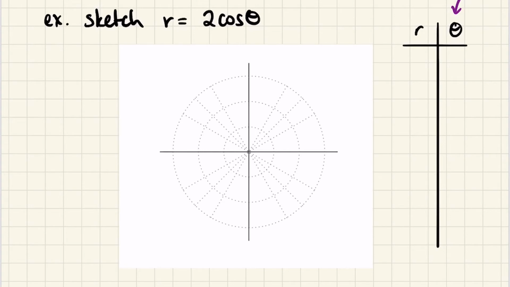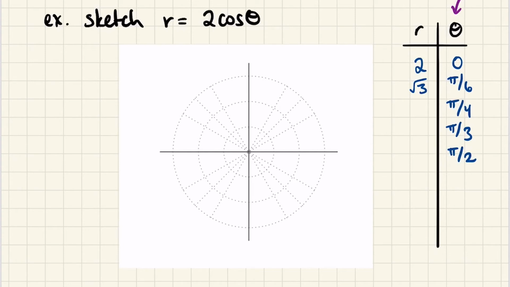So let's write down some of our favorite angles here, like 0, pi over 6, pi over 4, pi over 3, pi over 2. That'll at least get us through the first quadrant. And let's evaluate r. So r is 2 cosine theta. When theta is 0, we're going to get 2. And then cosine of pi over 6, so we're going to get rad 3.